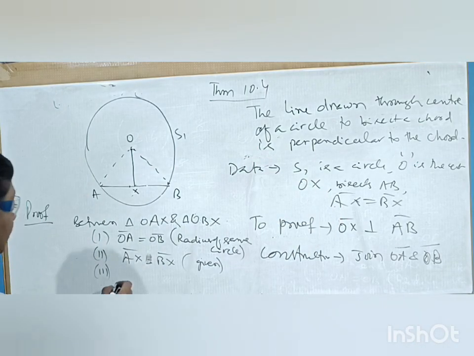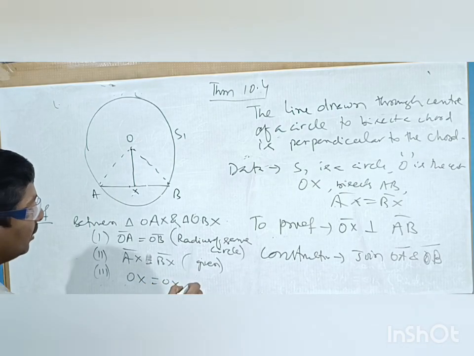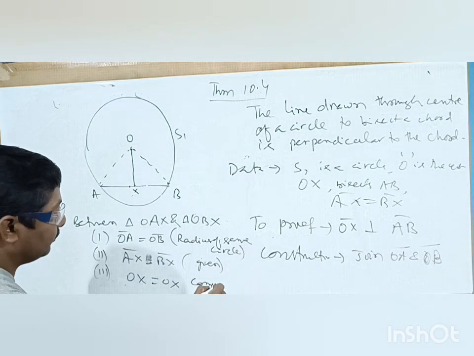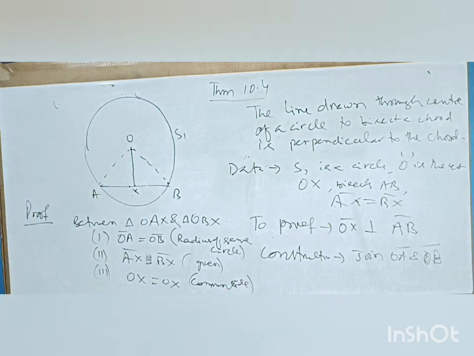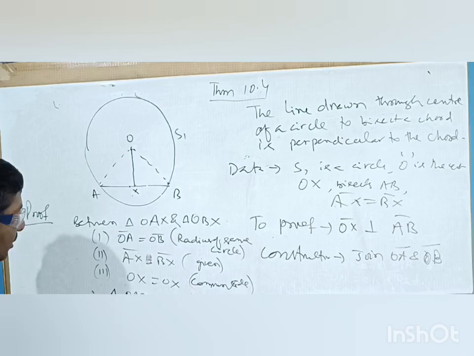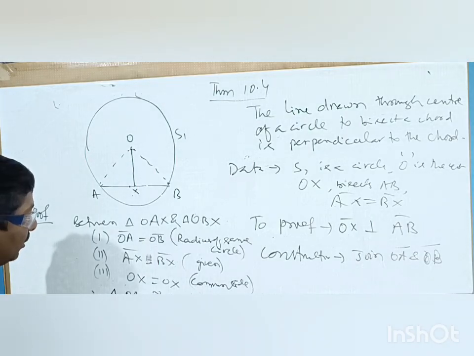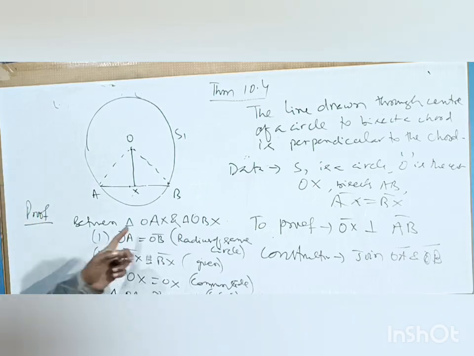The third one is OX equal to OX, common side. OX is a common side for both triangles. So what is the condition of congruence? Side, side, side. Hence, triangle OAX congruent triangle OBX by SSS congruency.